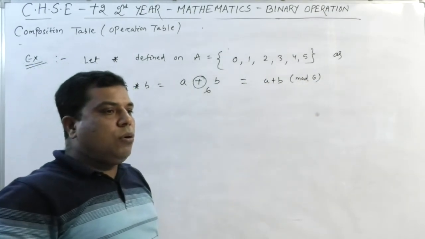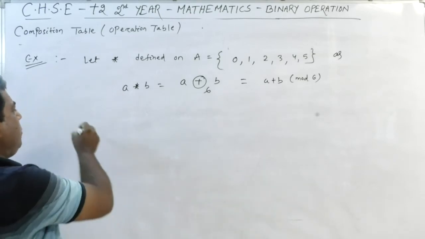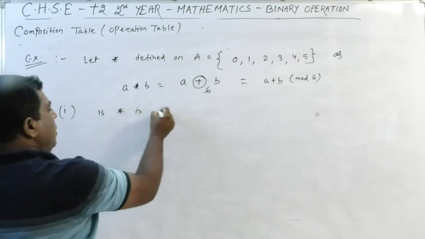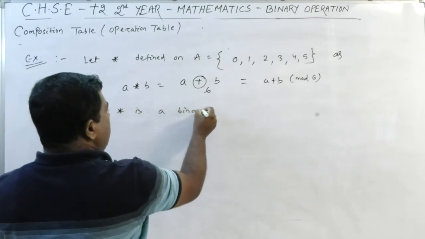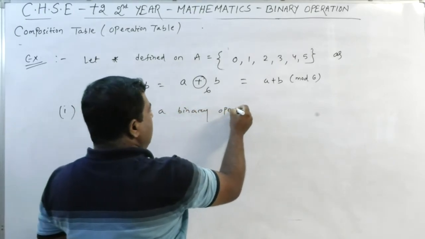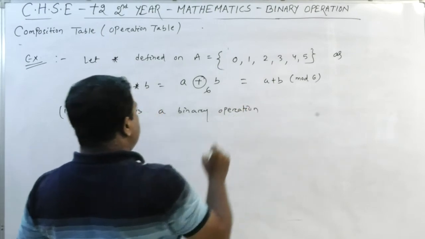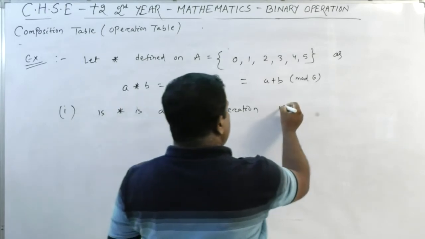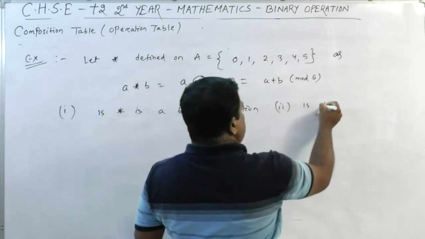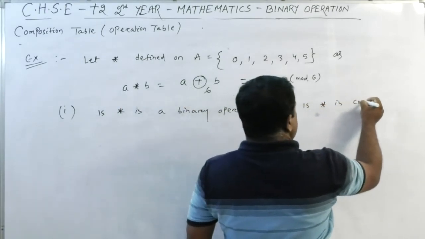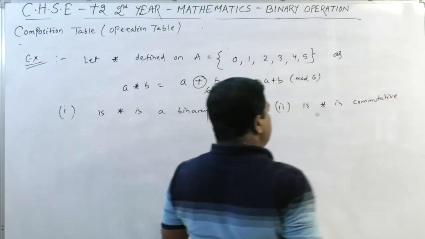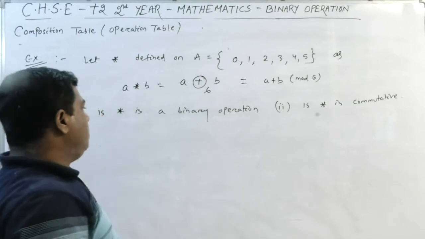Now the question given is: is star a binary operation? The next one is: is star commutative?